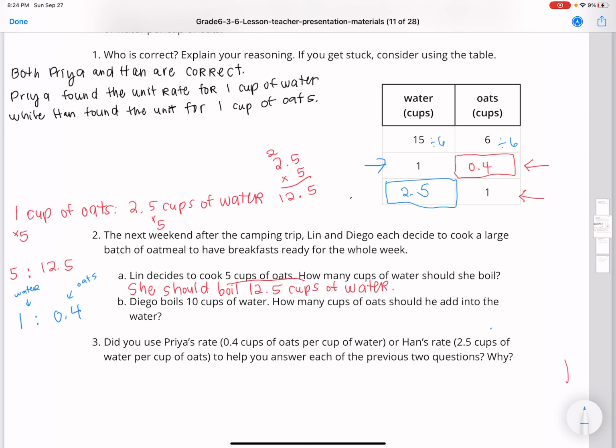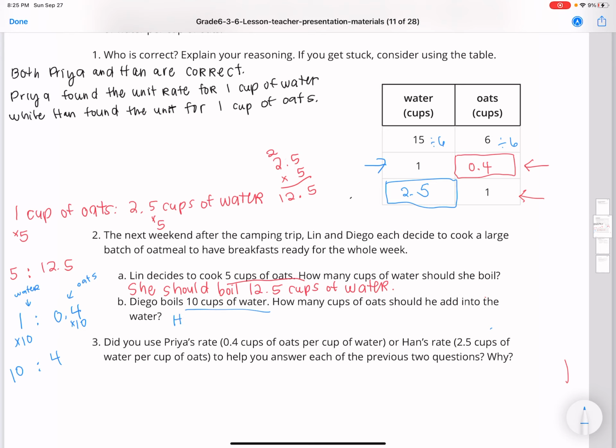So what I want to do is multiply both sides by 10, because when I multiply both sides by 10, it gives me 10 cups of water. And when I multiply 4/10 by 10, it should give me 4 cups of oats.